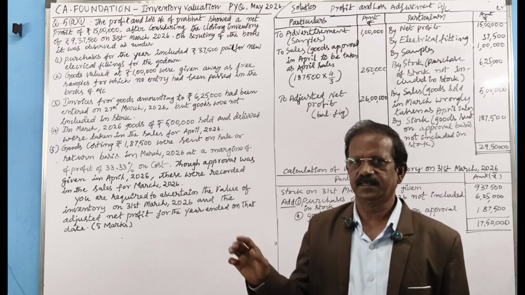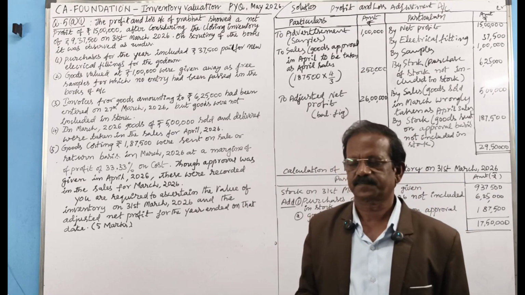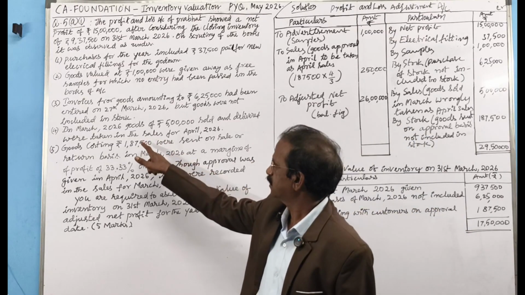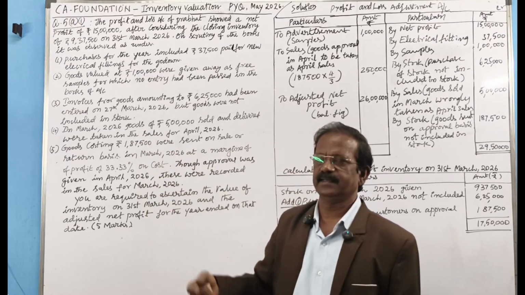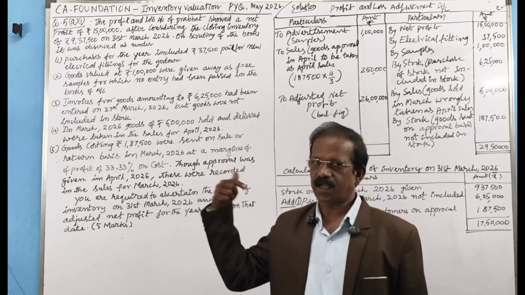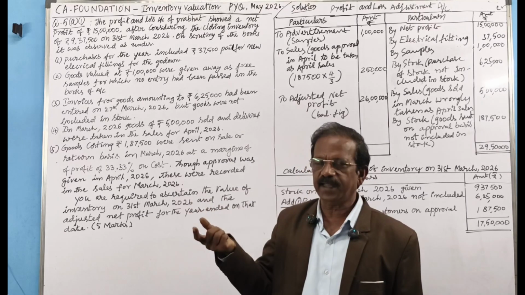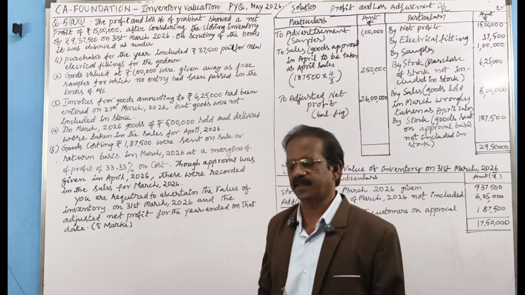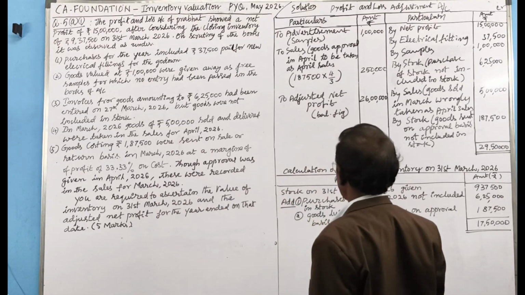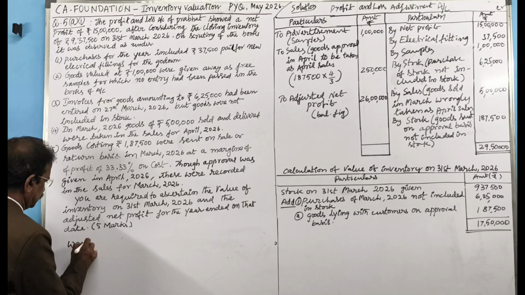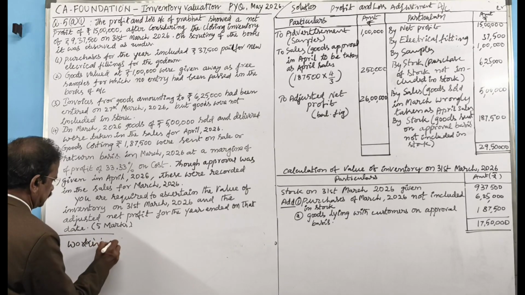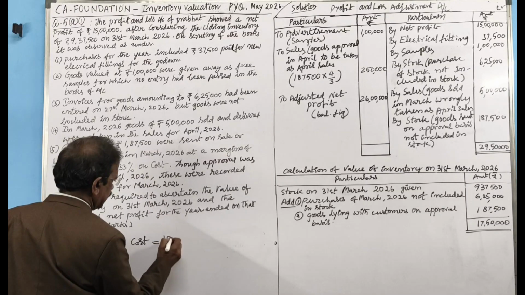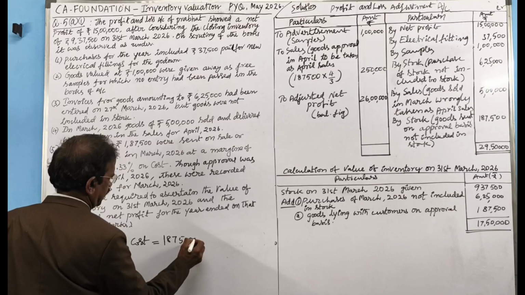33.33% means 1 by 3 in simple terms. So 1 by 3 on cost. This is the cost. On this, 1 by 3 was added to the cost. After adding, we will arrive at a sales figure. Working. Cost is equal to 1,87,500.